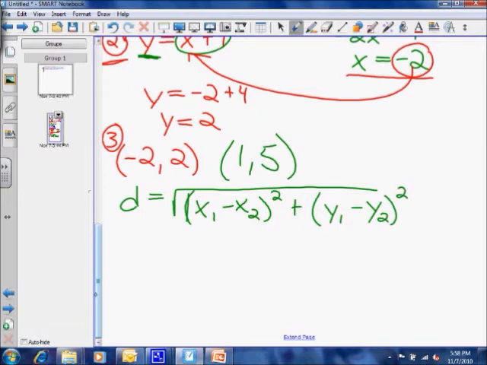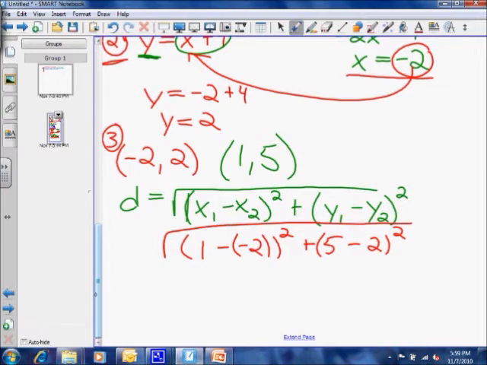And I plug in my x's and y's, and I'll be left with the equation 1 minus a negative 2, depending on how you line these up, as long as you're consistent, it's okay, plus 5 minus 2, and both of these are squared, all under the square root.